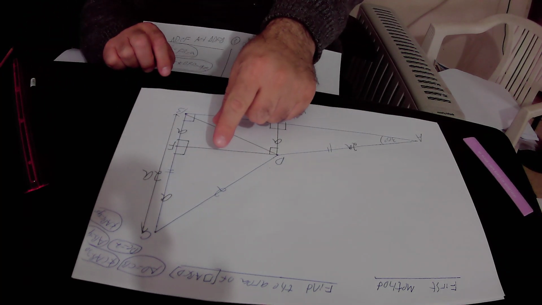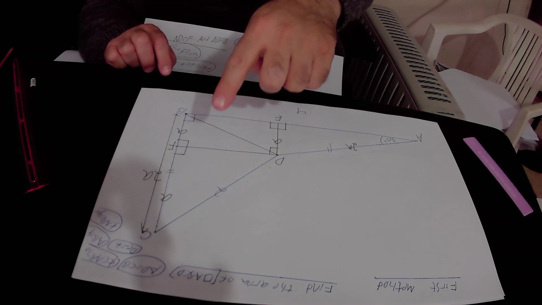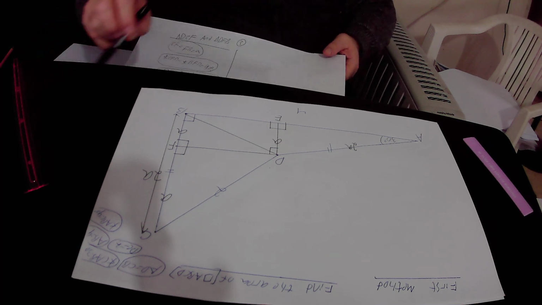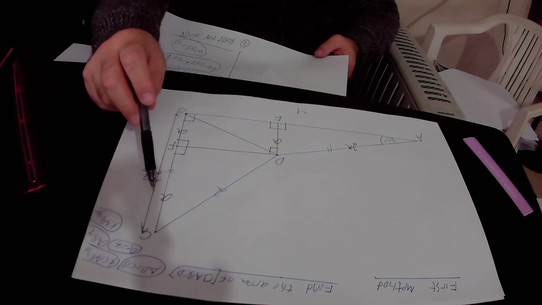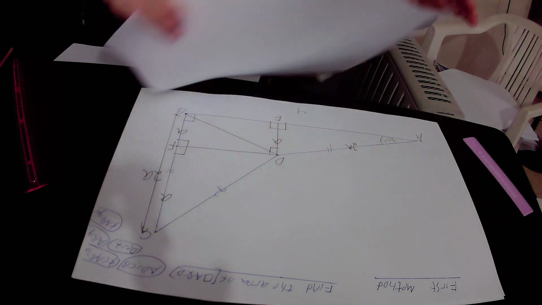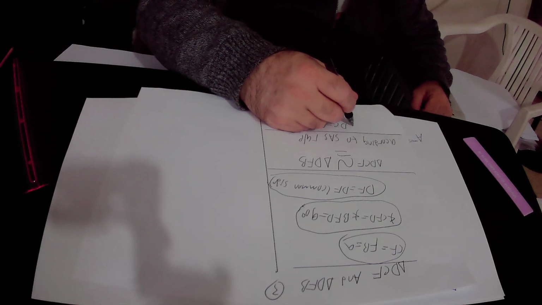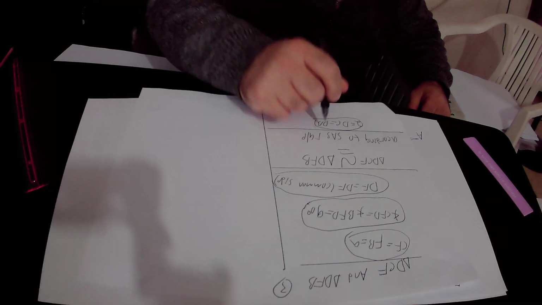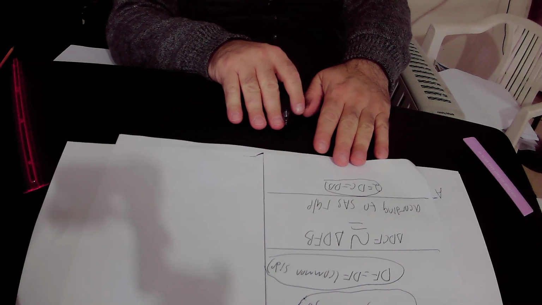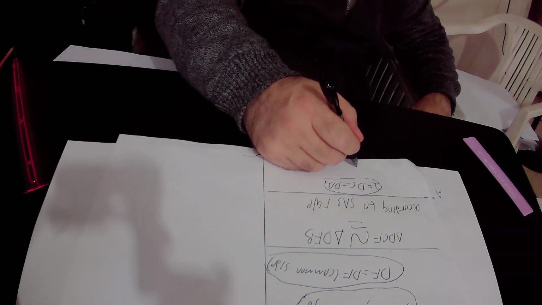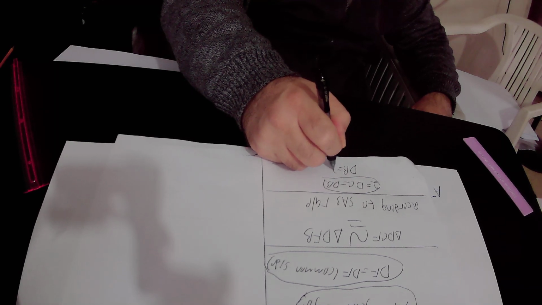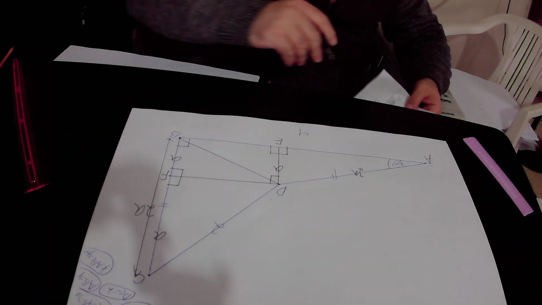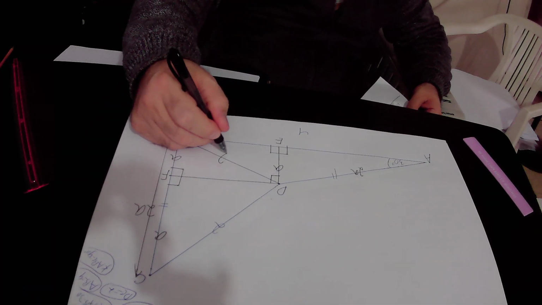But it is given in the question that DC equals 2 units. From this equation, we derive that DB also equals 2 units. So here we can write down that DB equals 2 units.